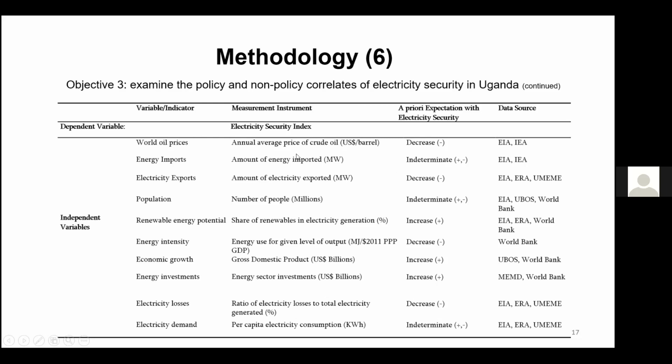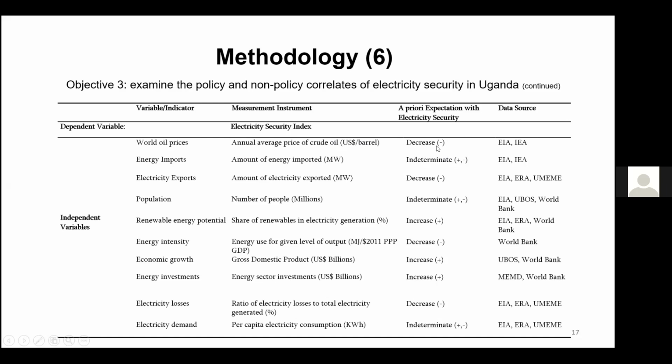But generally, for a few of these as a demonstration: world oil prices, the annual average price of crude oil. We produce electricity also. We have co-generators in Uganda who rely on diesel and petroleum products to generate electricity. So in this case, prices of crude oil going up directly have impacts on those generators who use this particular product.